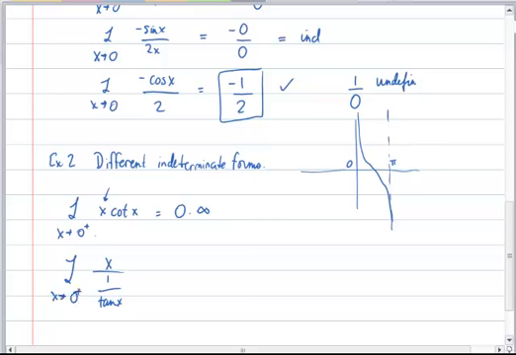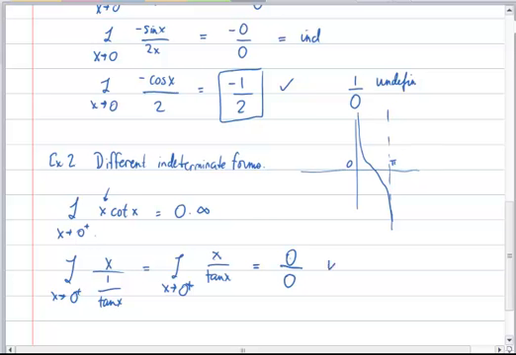But since I do have a reciprocal form, before I apply the limit, I'm just going to say the limit as x goes to 0 from the right of x over the tangent of x. And now when I reapply the limit, I just want to make sure that it's still indeterminate, so when I plug in 0 for x, I get 0, and when I plug in 0 for tangent, I get 0 as well.